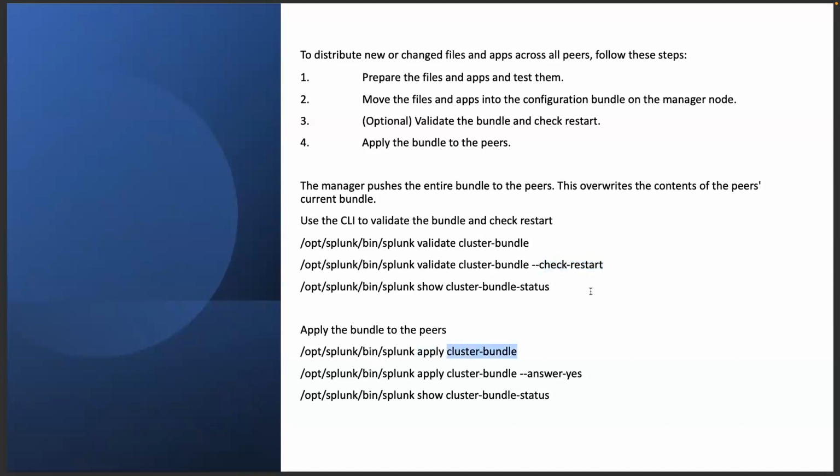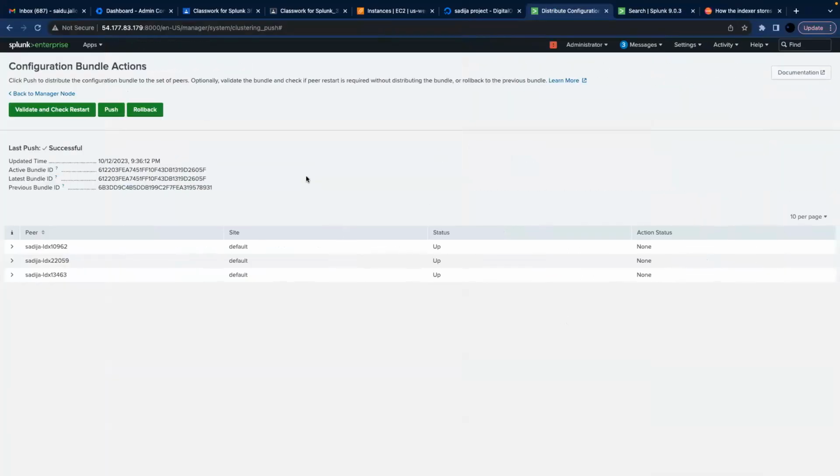Apply bundle is the same as pushing the bundles, clicking that button to push it. Apply cluster bundle would ask you questions, you say yes or no. And after that, you can show the status. So you can do all of this via the command line on the cluster manager. But if you can do it via the web, why do you need to go and guess there?